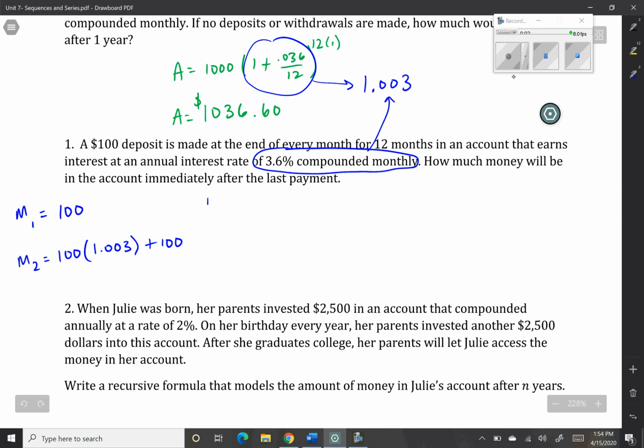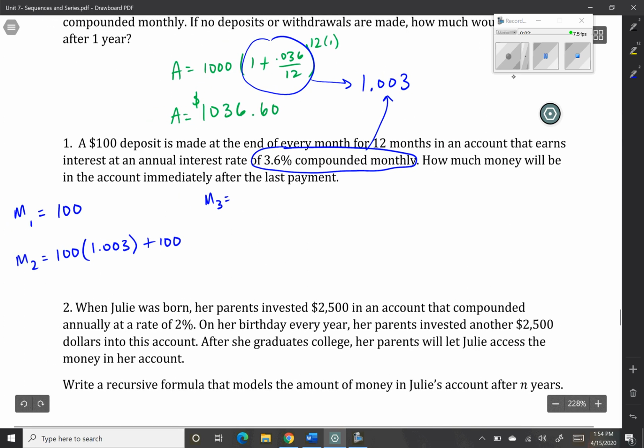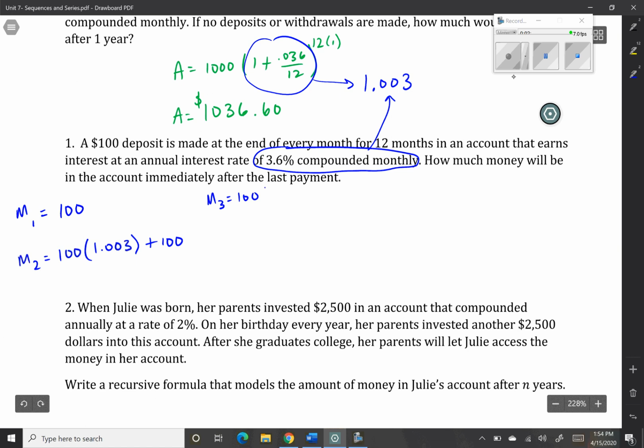After month 3, I'm going to take this value, 100 times 1.003, raise it to the second power, add 100 times 1.003, and add another $100. So I'm taking the previous month's value, multiplying it by another 1.003. I'm taking the new month's value, multiplying it by 1.003, and adding another $100.